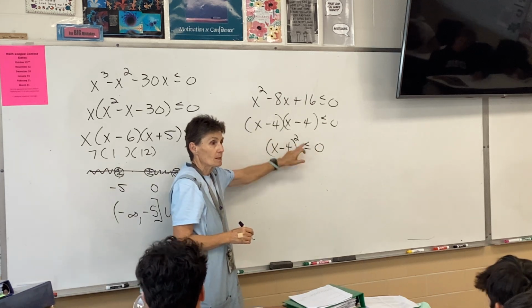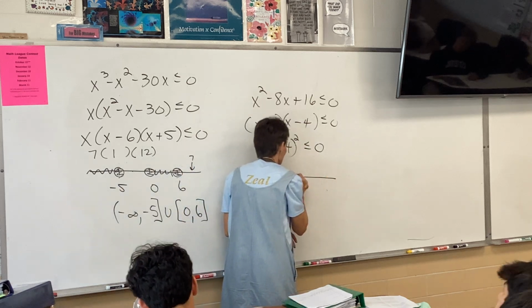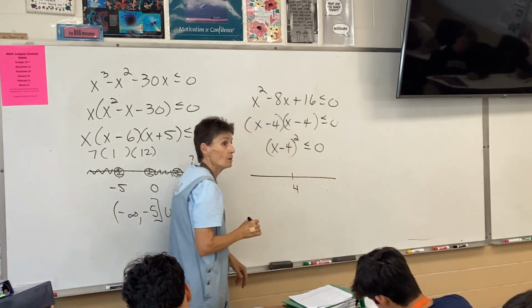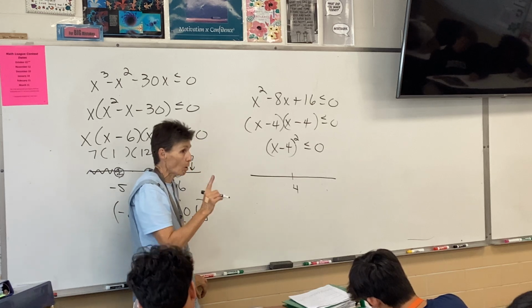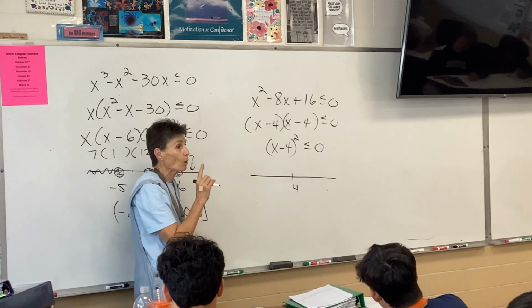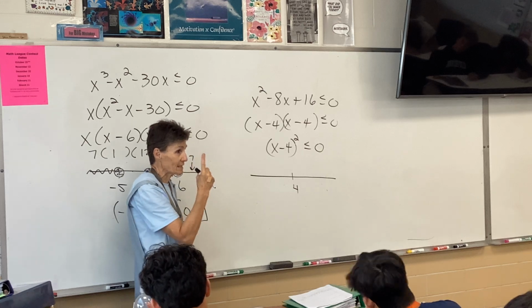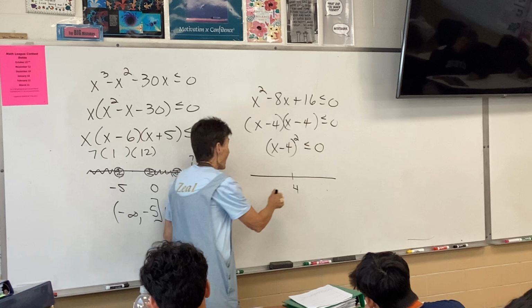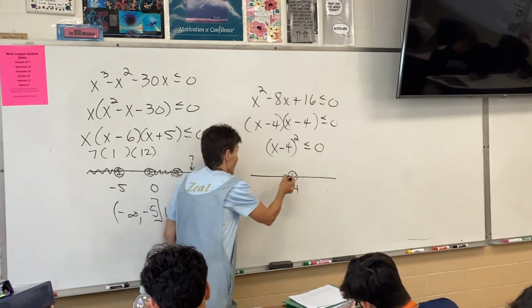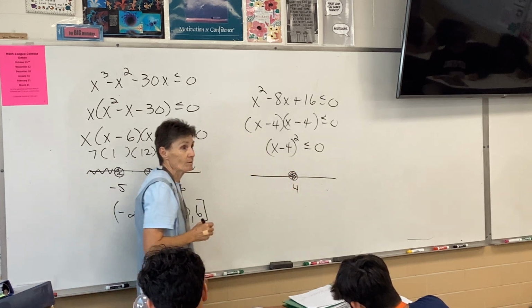Here's my number line, and you need to recognize you have a problem here, because your two parentheses are going to give you just one number. So you are going to have a closed-in dot at 4.